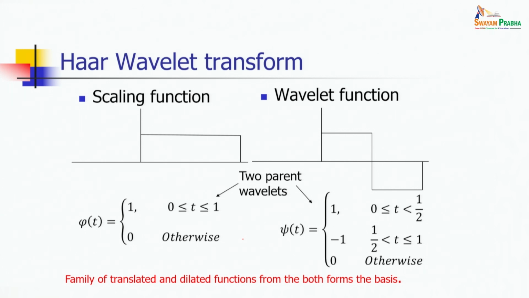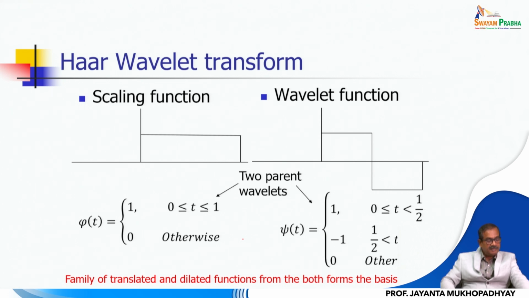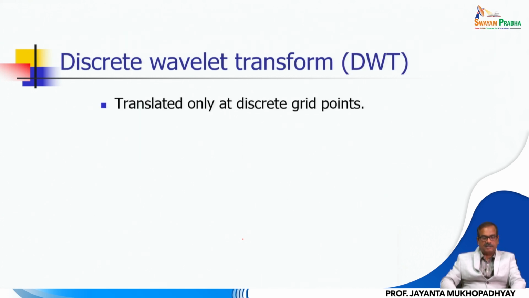One of the things is that from these wavelet functions you can generate a set of orthogonal functions. Now you don't require to use each and every wavelet function through translations. Only a few can give you that set of orthogonal functions. So we can talk about the discrete wavelet transform using this kind of wavelet functions, where you are applying on a finite sequence, and by those functions you are translating only at discrete grid points.